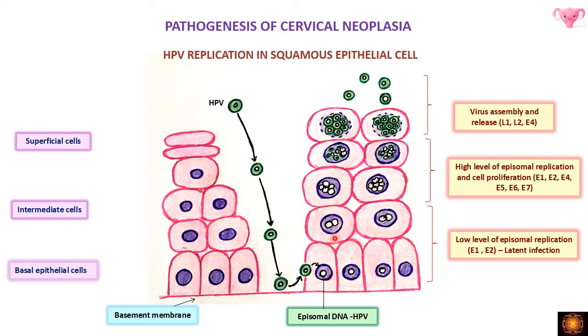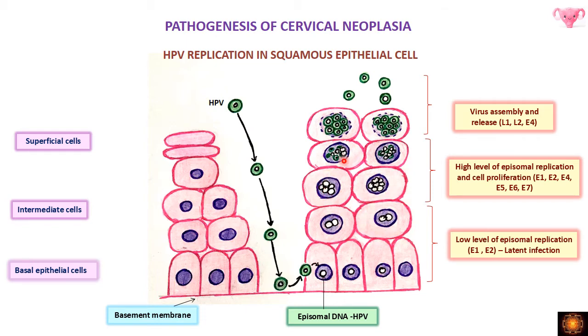Then slowly it starts proliferating as the cell is proliferating. Initially it produces the viral proteins E1 and E2. During this phase, the proliferation is somewhat lower. But as it goes above, the proliferation increases.